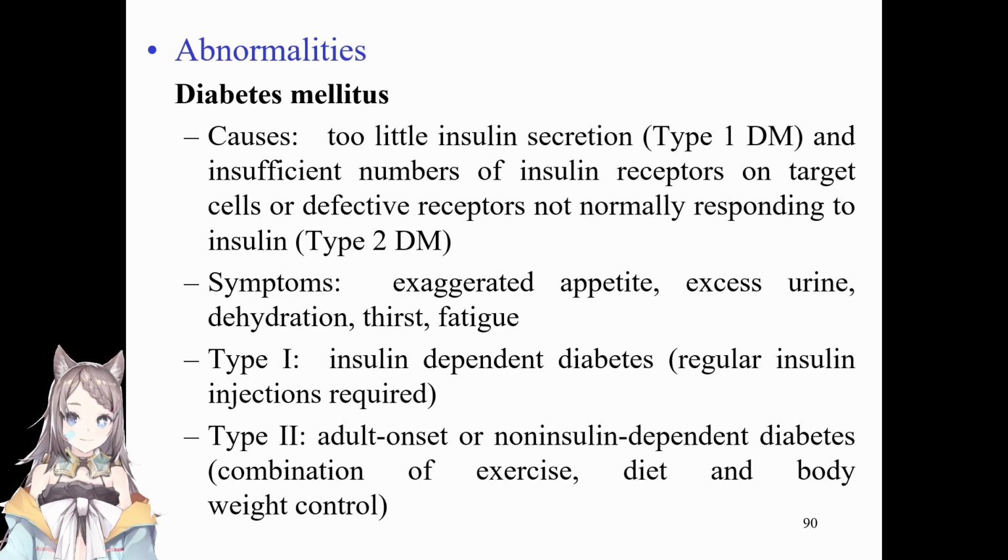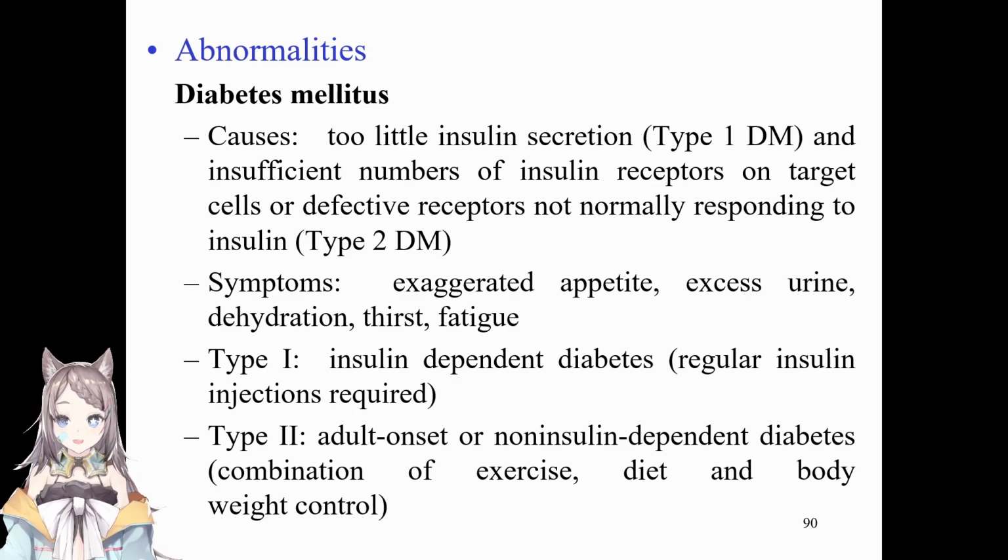To be very short, type 1 is due to decreased or no insulin release. It is also called insulin-dependent diabetes, meaning the body cannot release or produce insulin. You need insulin to live. That is why it is insulin-dependent diabetes.